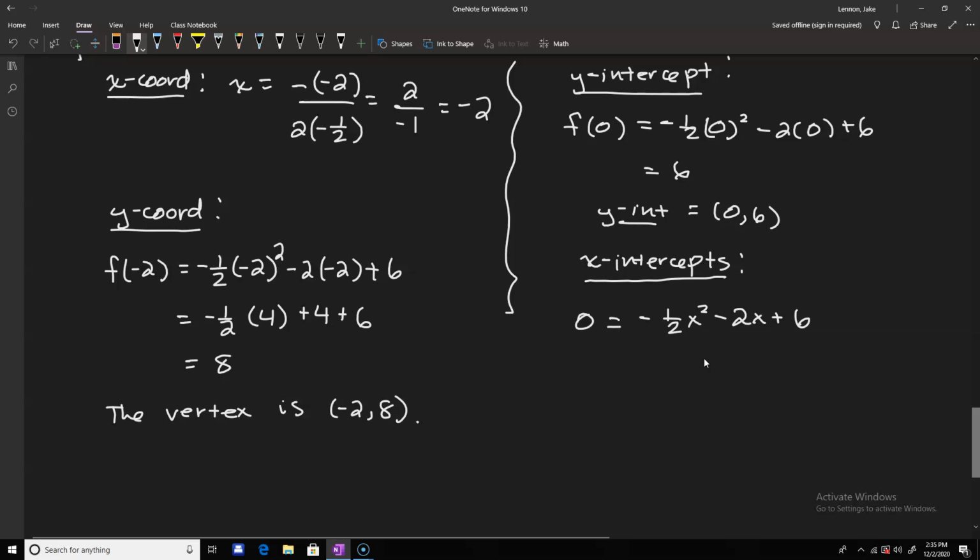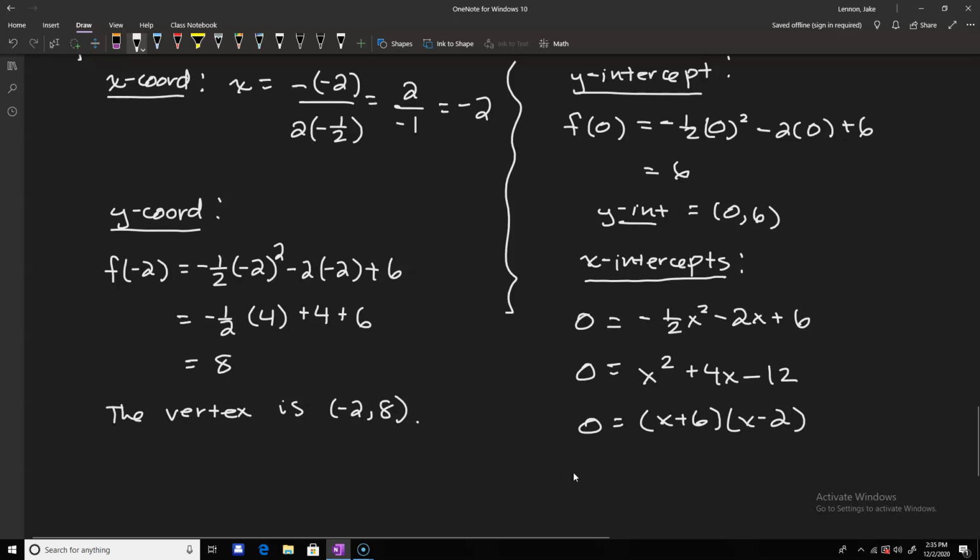Let's go ahead and multiply both sides by negative 2 just to make the numbers a bit easier to work with. So we would end up with x squared plus 4x minus 12. That's multiplying all terms by negative 2. And then that should factor into x plus 6 times x minus 2.